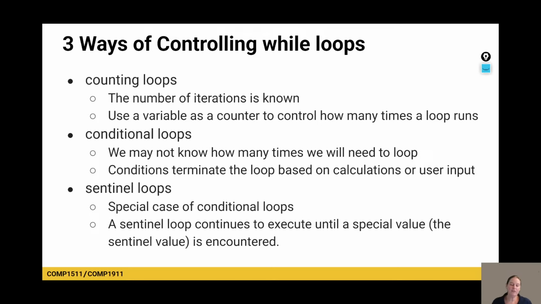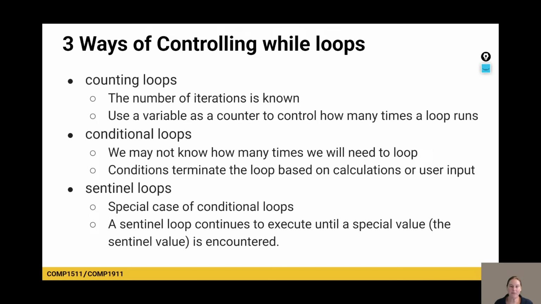Sometimes we don't know how many times the loop will iterate, as we call it each time it goes through. Maybe it's going to be based on something that the user types in. The user might be typing in data, and when that data reaches a certain total, then we might want to stop the loop.